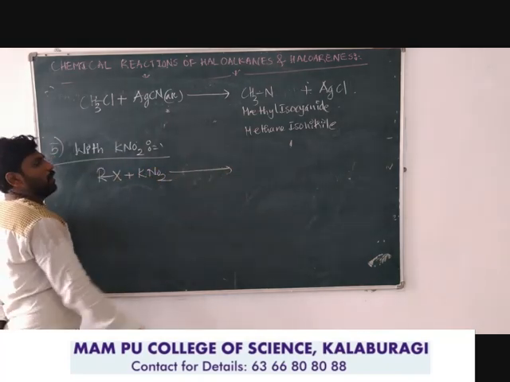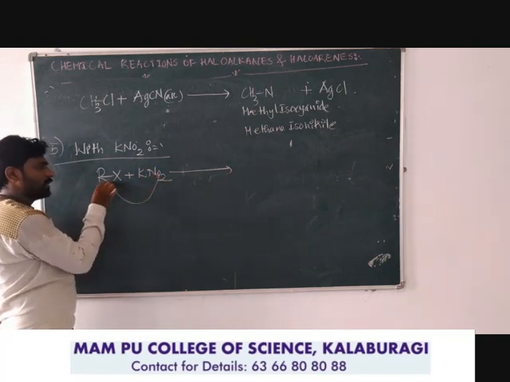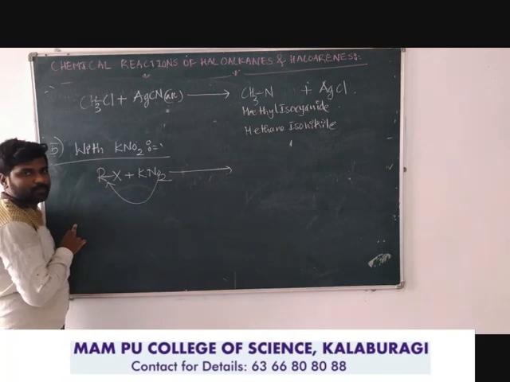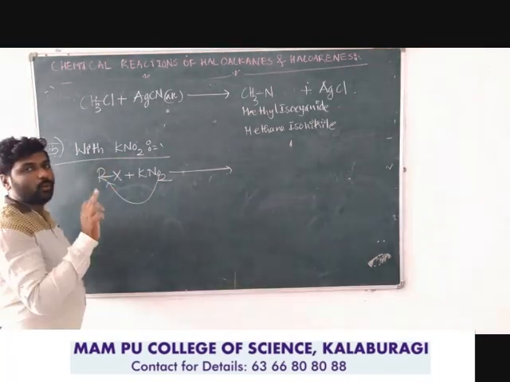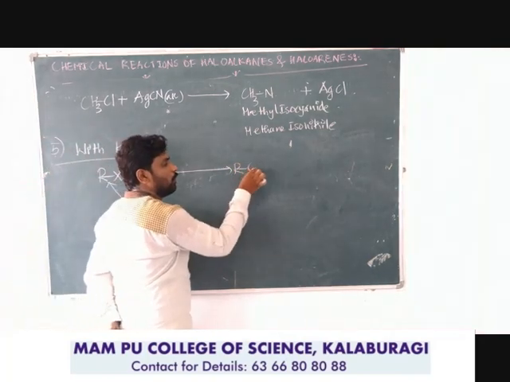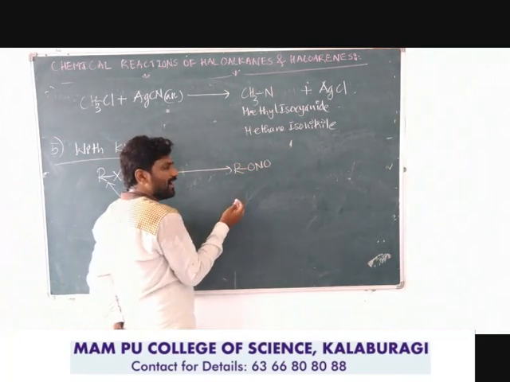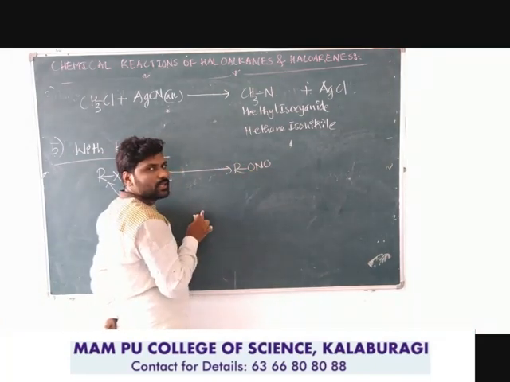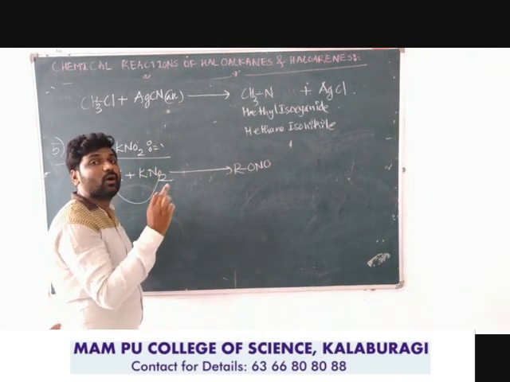Here the oxygen atom behaves as the nucleophile and attacks the alkyl part. The halogen atom is replaced with the ONO. So we are getting ONO. NO2 is there, but the attack is taking place through the oxygen atom. So the linkage to the carbon atom of the alkyl group is taking place through the oxygen atom.